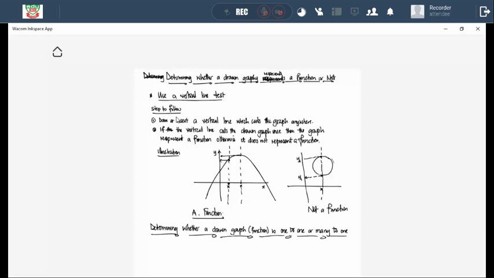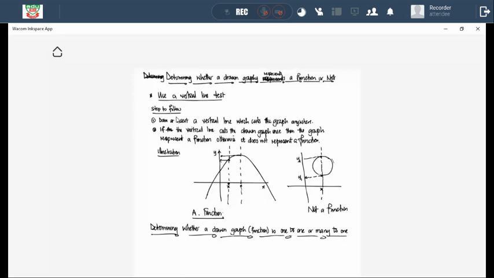Okay, now, for a function to be one-to-one, first thing is, since it's a function, it's supposed to pass the vertical line test. Then it passes yet another test, which is called a horizontal line test. So a one-to-one function passes both tests: if you insert a vertical line, it cuts once, and if you insert a horizontal line, it also cuts once.